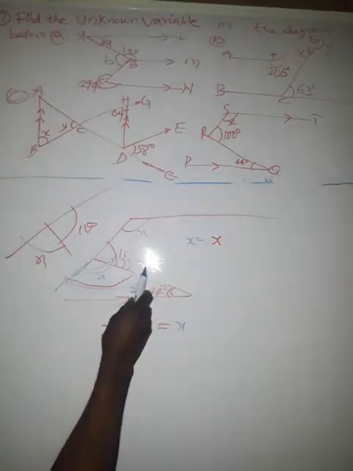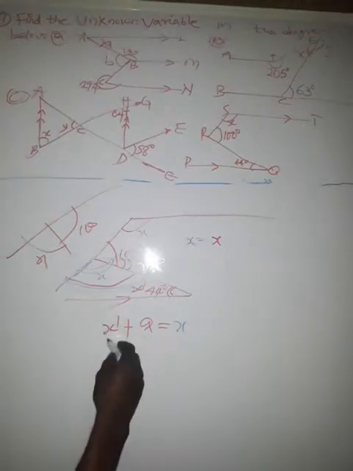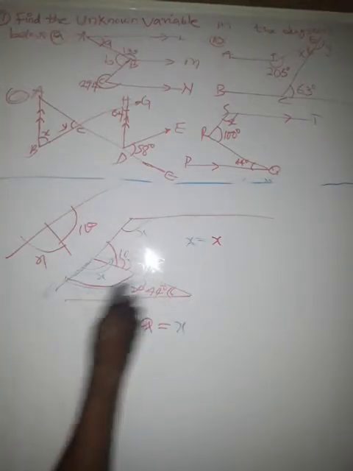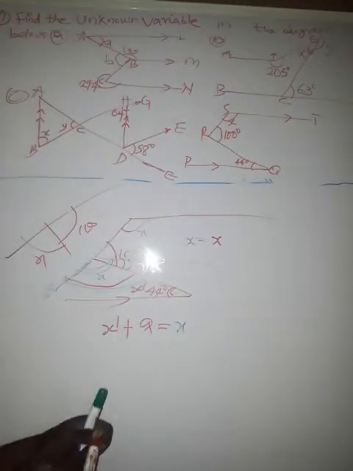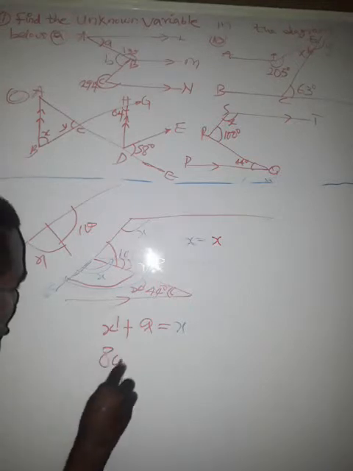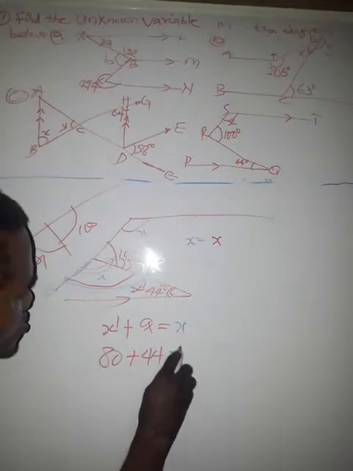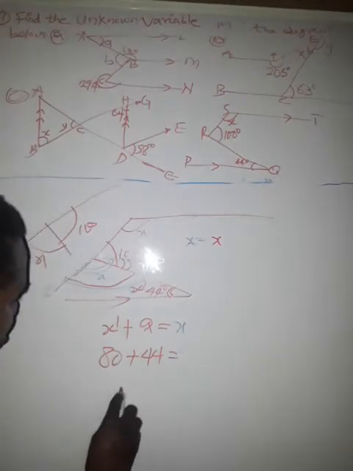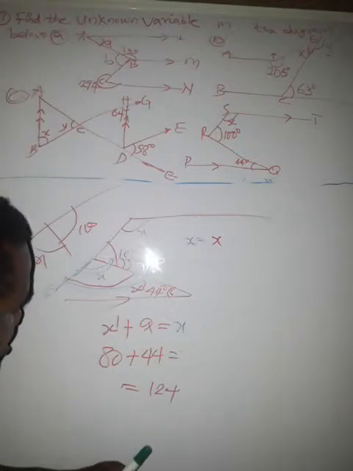So the summation of the two should give me this line to this line, which is x. So now my x prime is 80 as I calculated earlier, then plus A is 44, equals x. So x will be equal to 124. So x is equal to 124 degrees.